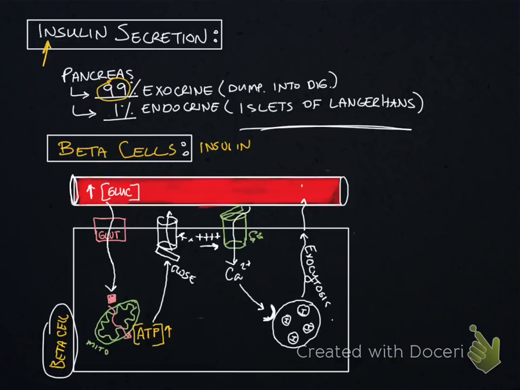And now we have insulin in the blood, and that's insulin secretion. Okay? So the point of all of this was just to get insulin into the blood. So this is insulin secretion.